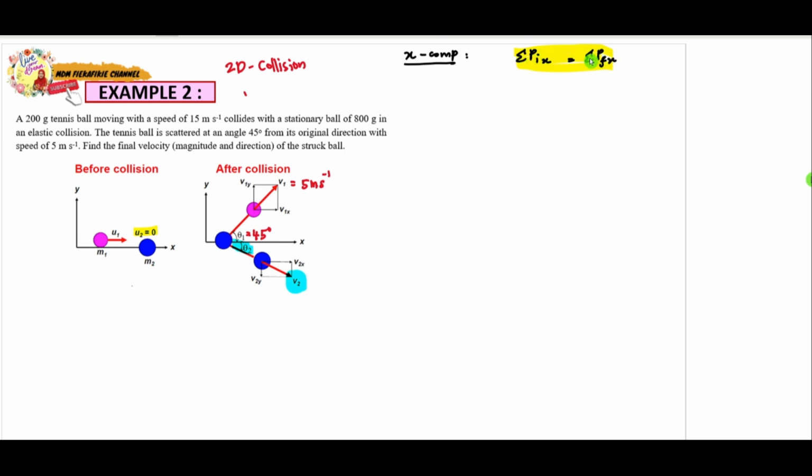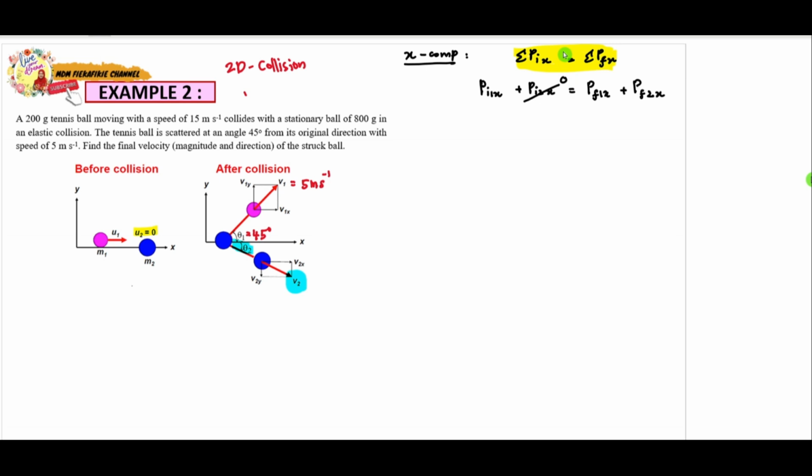Okay, ni cerita pasal X. Okay, and then kita boleh tulis, since we have two masses M1 and M2, so kita nak ada momentum initial for mass 1 in X component plus momentum initial mass 2 in X component equal to P final 1x plus P final 2x. Okay, so since initially objek M2 tidak bergerak, so dia takkan ada momentum. Ingat ya, momentum hanya untuk objek yang ada mass dan bergerak.